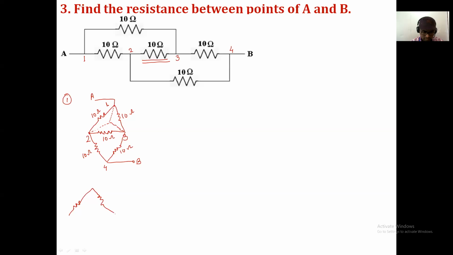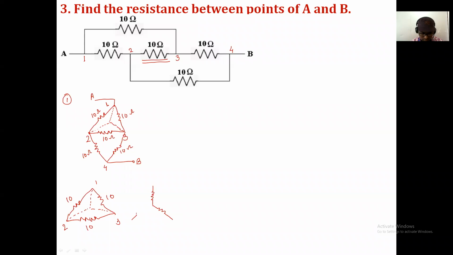Here I draw the delta 1, 2, 3 outside. This is 10 ohm, this is 10 ohm, this is 10 ohm. Again, with a dotted line, I prepare the star diagram inside the delta, and then we have to convert this delta into the equivalent star diagram.